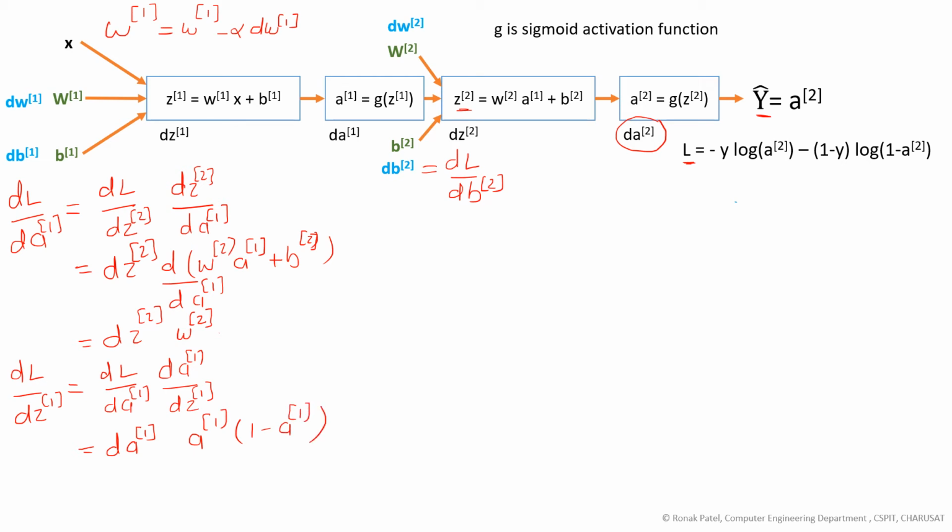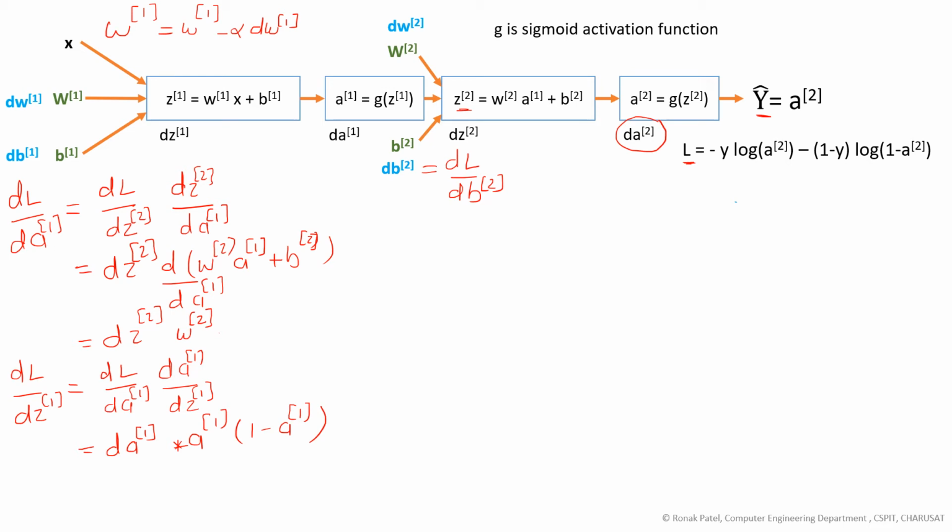And da1 is dz2 into w2, here that will be an element wise operation. This is element wise operation, right?